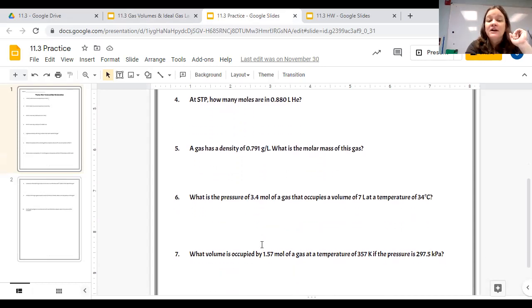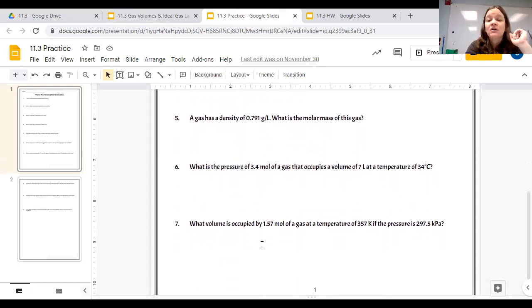And then the last problems are all ideal gas law. The first one, again, you're solving for pressure, and then you get one where we're finally solving for something other than pressure. You have to solve for the volume.